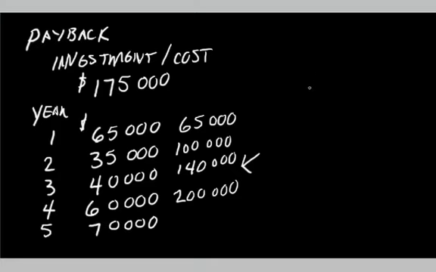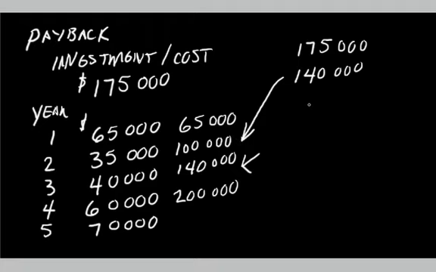So what I will do is I'll take 175,000 and I'll subtract the last year that it did not exceed and come up with $35,000. So when $35,000 is earned in year number 4, which the total year brought in 60, then the project is paid back.